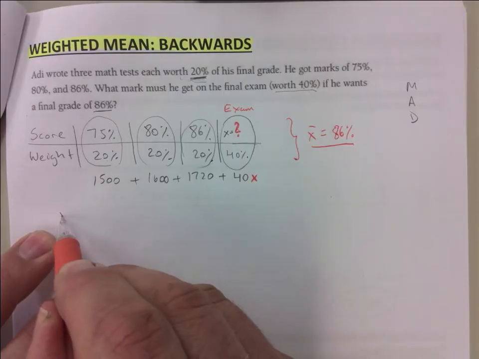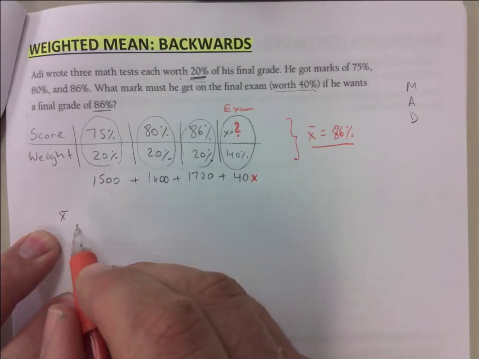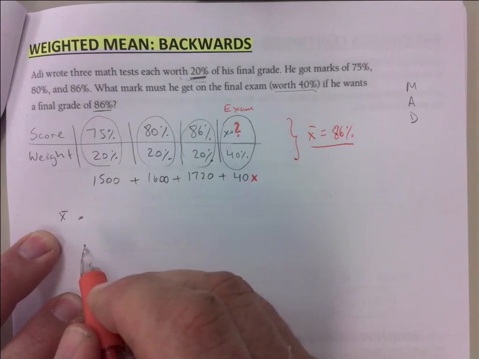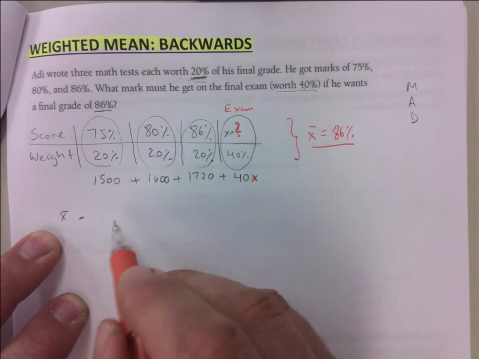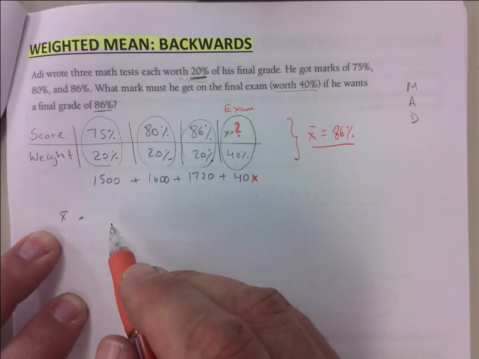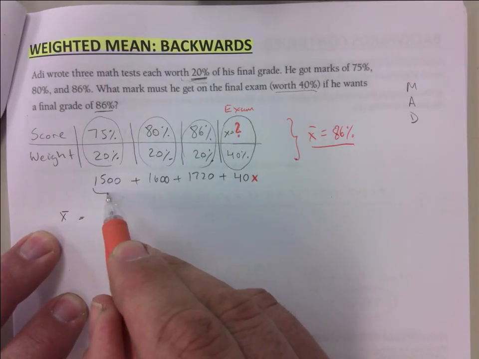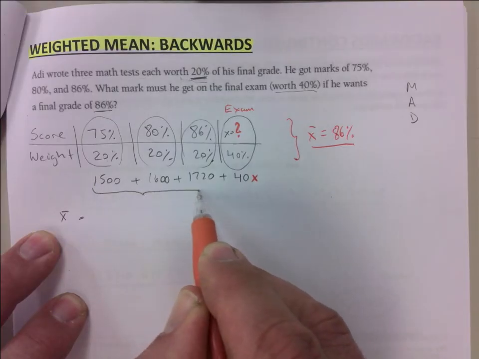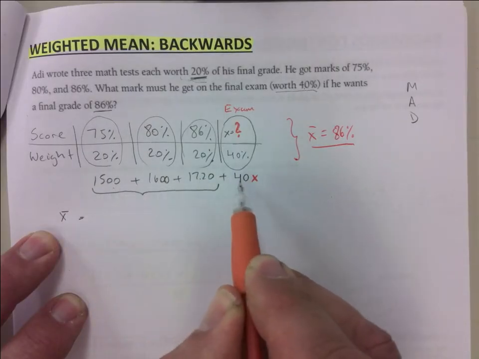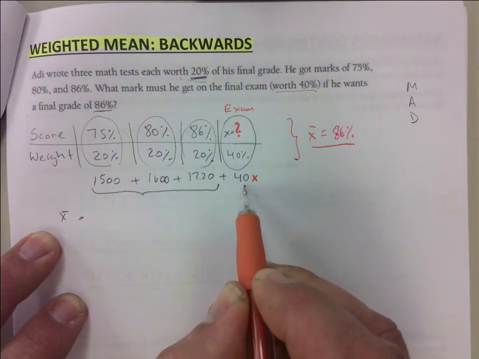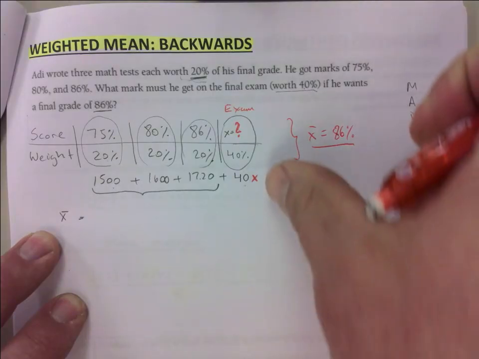So here's your average. Are you okay there, Will? Okay. So watch this. We're going to figure out what this is, but I can't add everything up. I can't add these numbers. I can't do that. So please don't.